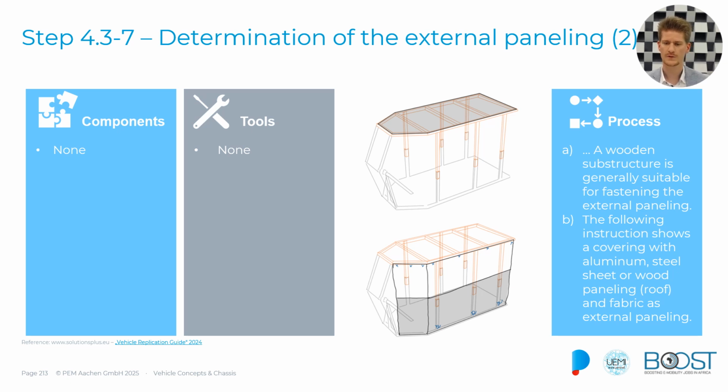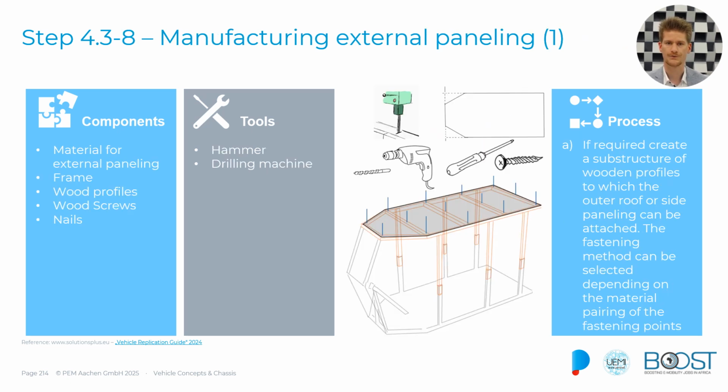Now, a wooden substructure is usually the easiest, and the following instruction shows a covering with aluminium sheet or wood planking or paneling, or also fabrics. That could also be something that you might take into account.